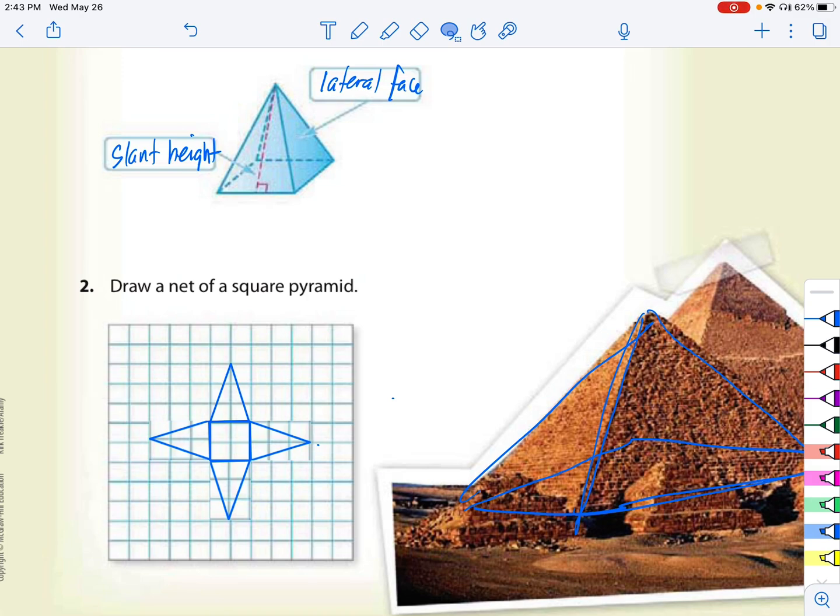Now, imagine this. If you get the vertices of each of these triangles and pull them up, and they meet in the middle with a common vertex, that will form a pyramid very similar to this one. And if you notice too, this is our slant height.